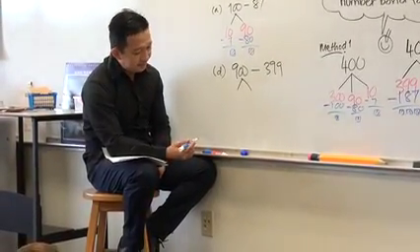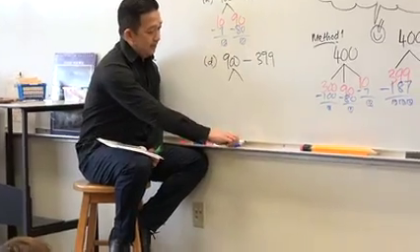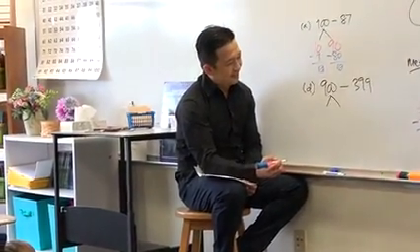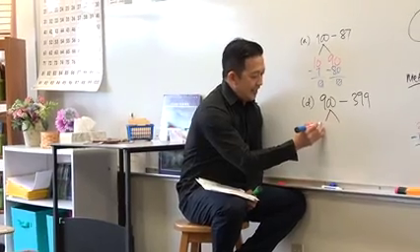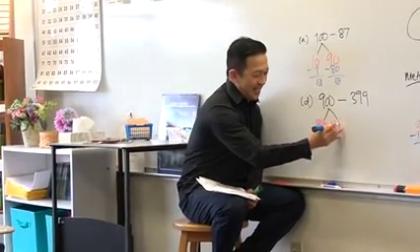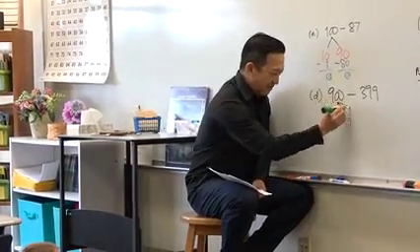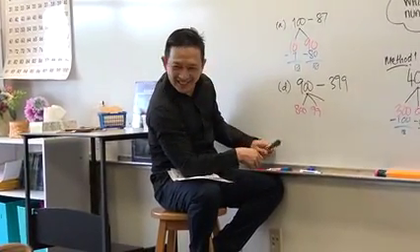I would put 899 and then 1. So 899 and 1. Is that a good way, class? Yes. Why is that a good way?